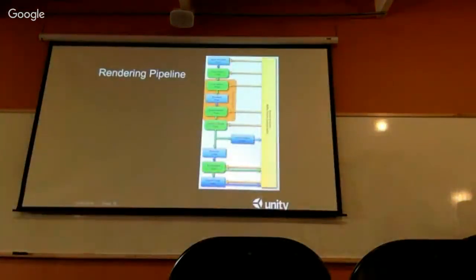So this is essentially the rendering pipeline. We're not going to go into all of these steps, but I'm going to draw your attention to the vertex shader stage, the geometry shader stage, and the pixel shader stage. With the vertex shader, essentially what's going to happen is you get this simple main function, right? And the input is going to be your object space coordinates.